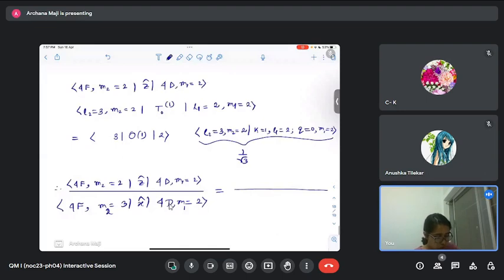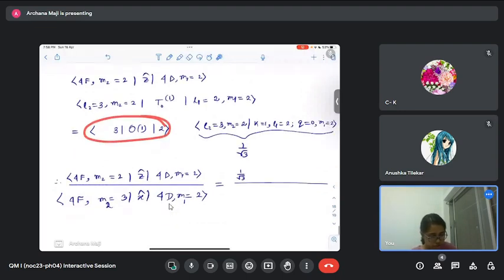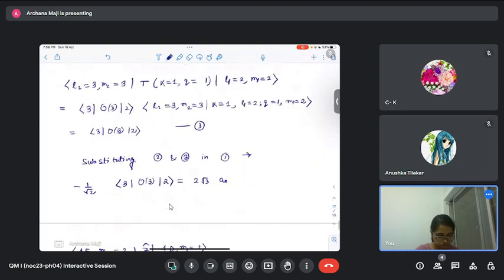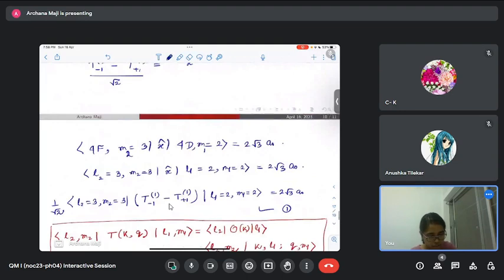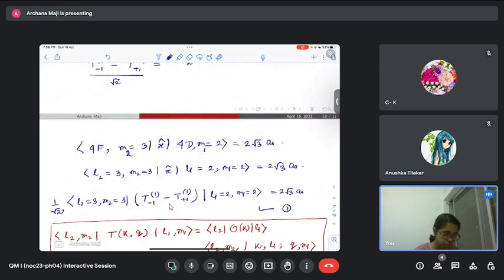This is 1 over square root 3. This will get cancelled out, right? And this particular term is 2 square root 3 is 0.